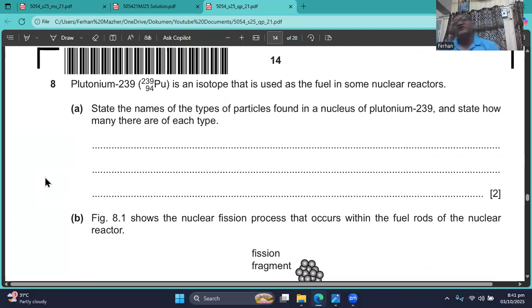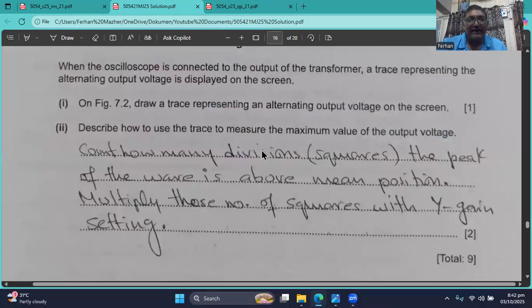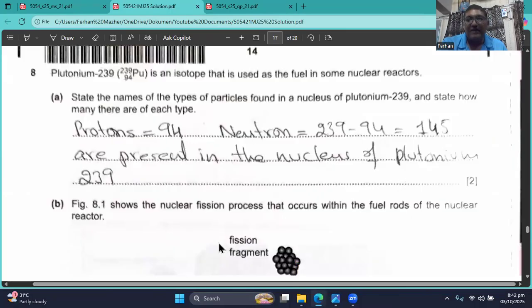You see, in the nucleus, we have protons and neutrons. This number represents the protons, they are 94. And the number of neutrons is the mass number subtract the atomic number. So 239 minus 94, whatever you get, that's the number of neutrons. So there are two things in the nucleus: protons, which are 94, and neutrons, 239 minus 94, which is equal to 145.